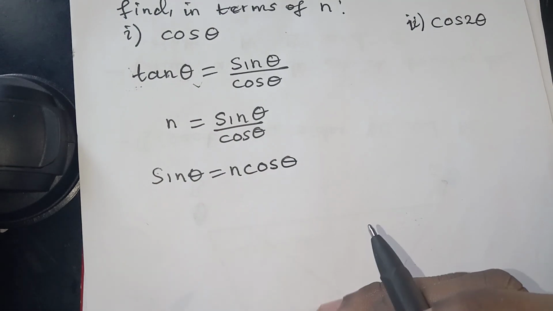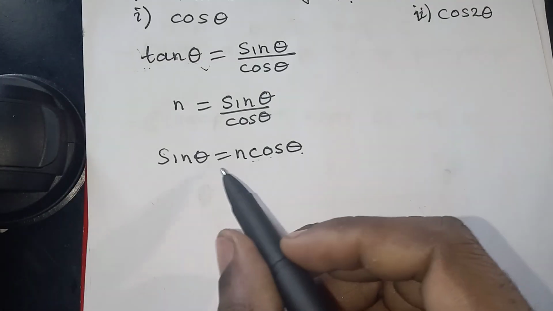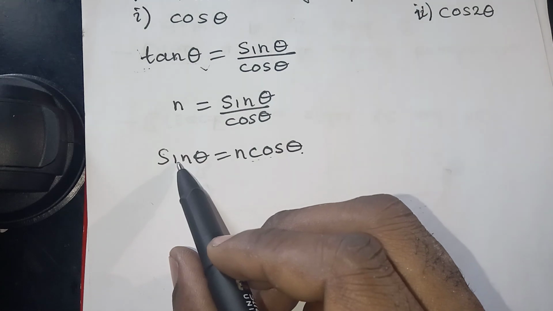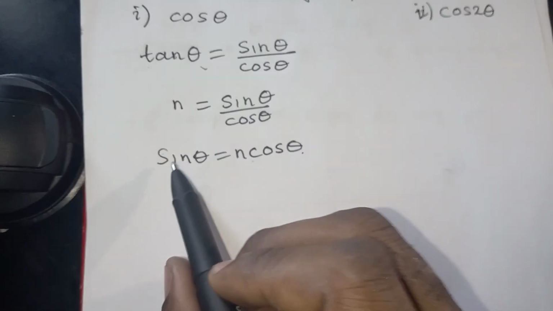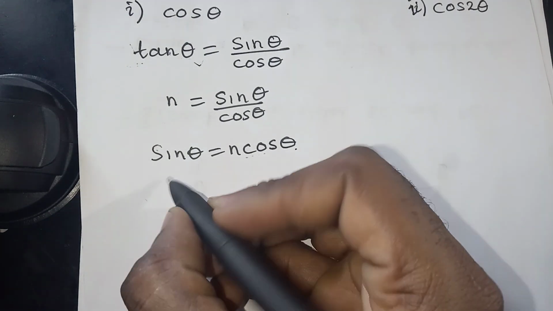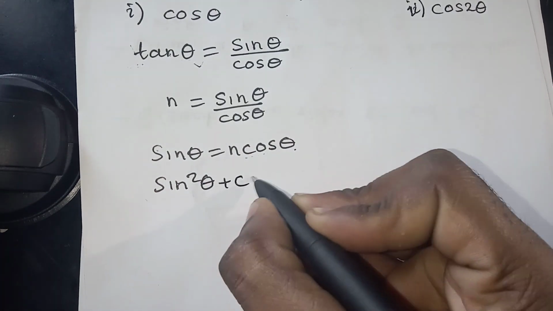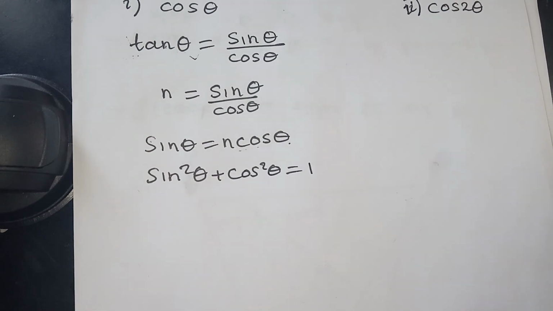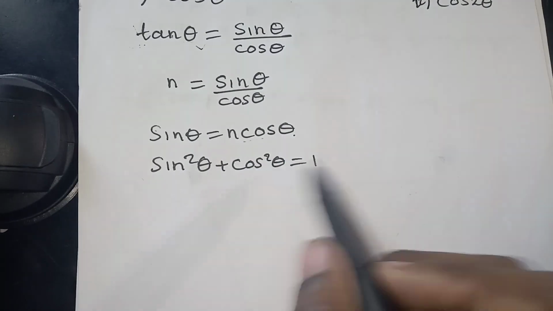So now, since you're trying to find cos theta in terms of n, your job is to get rid of the sine. Do whatever you need to do to eliminate the sine. So for me, I know that we have this relationship, the Pythagorean equation, one of the most famous equations in mathematics.